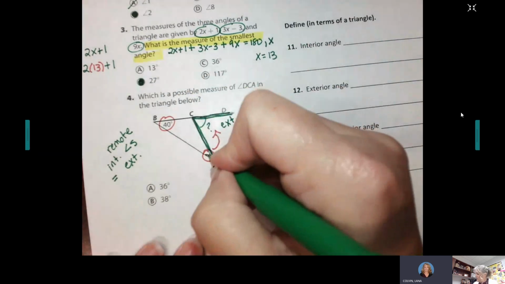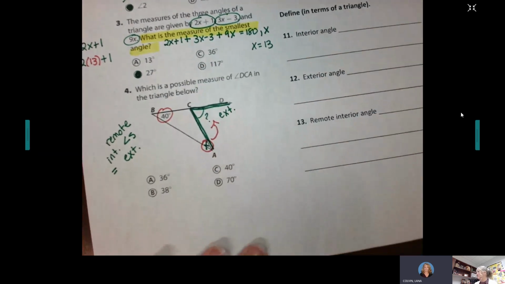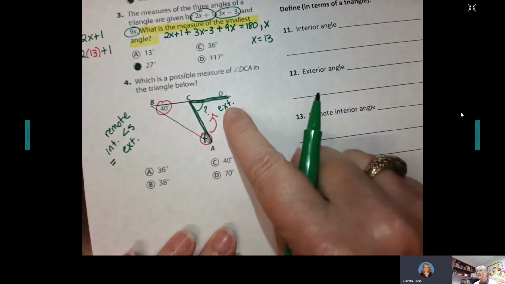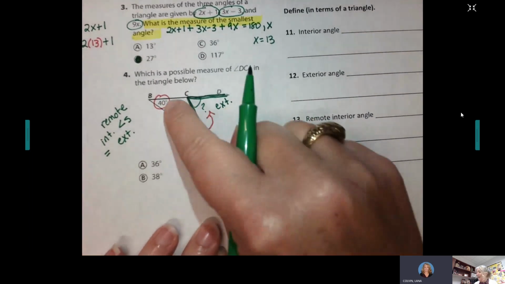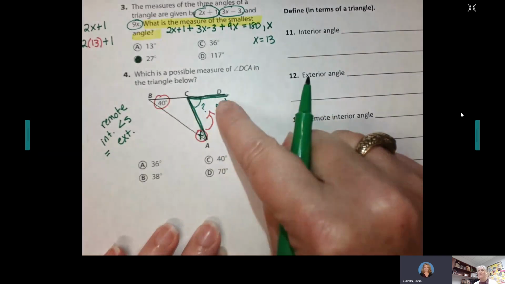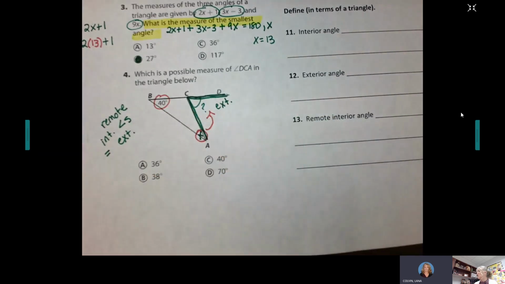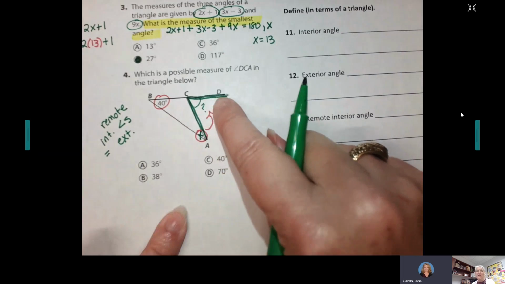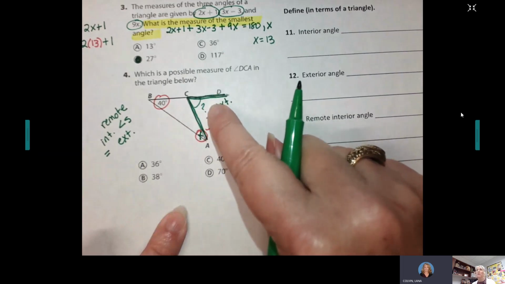So we'll call this x. So 40 plus some number has to equal this number. I'm adding a number to 40 to get another number. So look at your answer choices. Which one does it have to be? They're asking me what this number could possibly be.